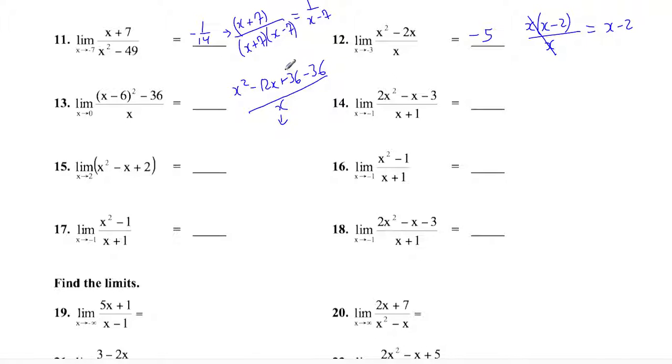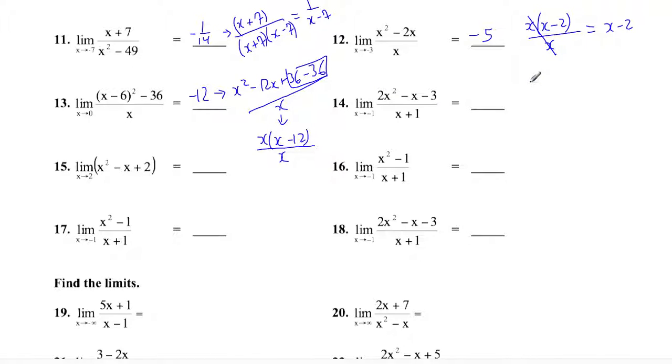This reduces because the 36 minus 36 is 0, and the numerator has a greatest common factor of x. So I'm left with x times x minus 12 over x. The x's cancel out, and so 0 minus 12 is negative 12.